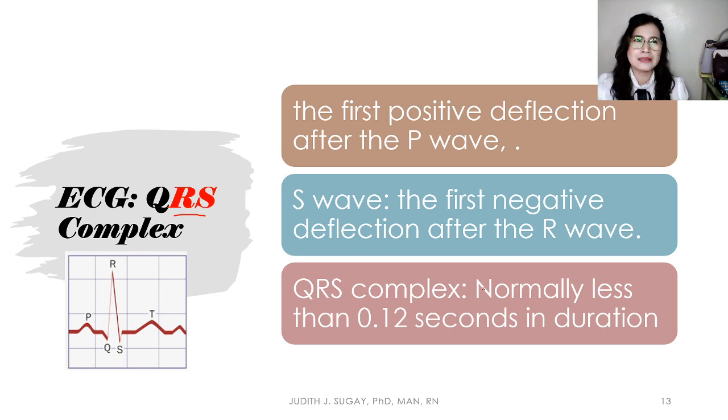If, for example, you've seen some strips that are written or printed with small letters, we can say that a wave is less than 5 millimeters in height, while it's bigger when it's capital letters. Again, the QRS complex normally takes less than 0.12 seconds in duration.